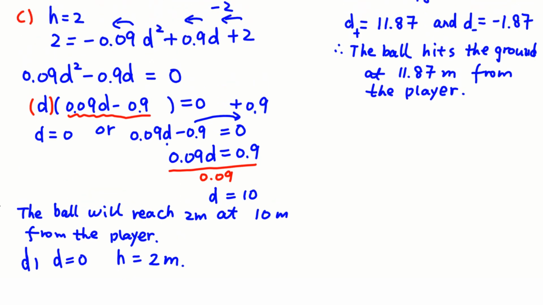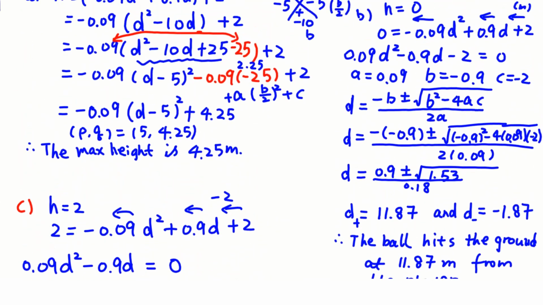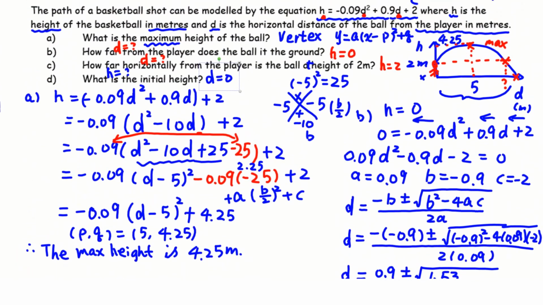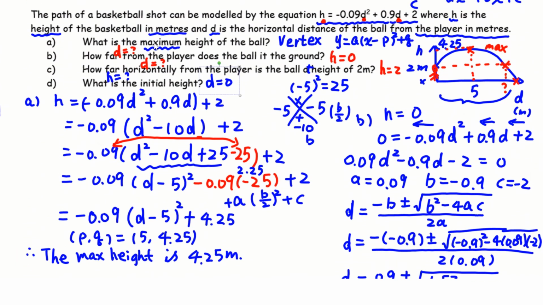So we are going back to make a summary of this question. If you have a word problem, first thing, try to sketch it. If a is less than 0, it will open down.